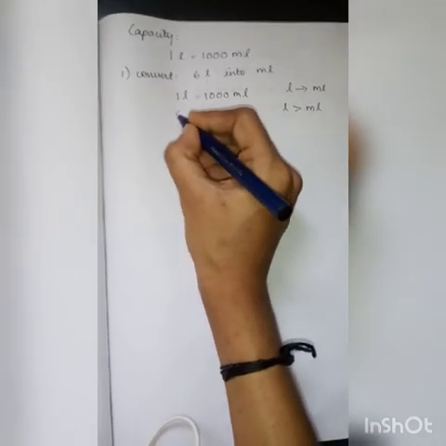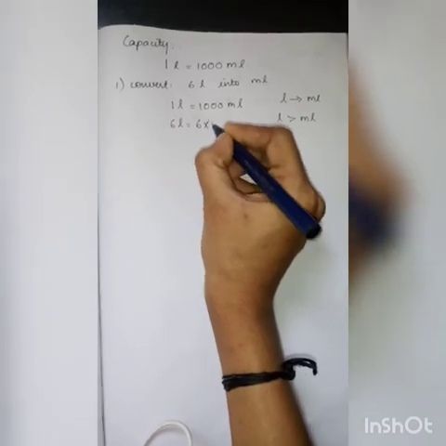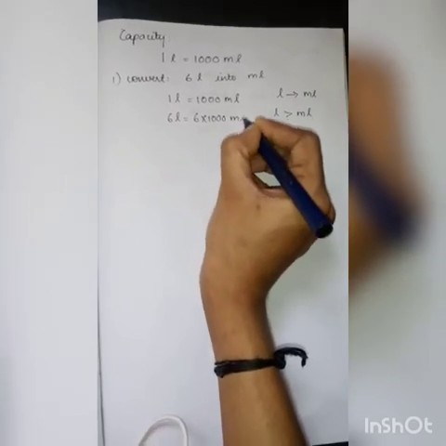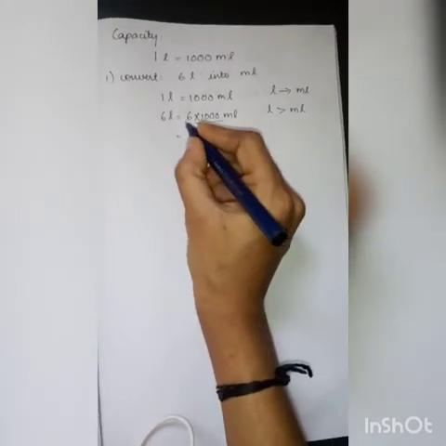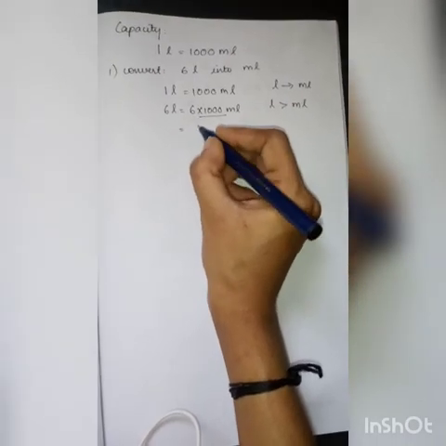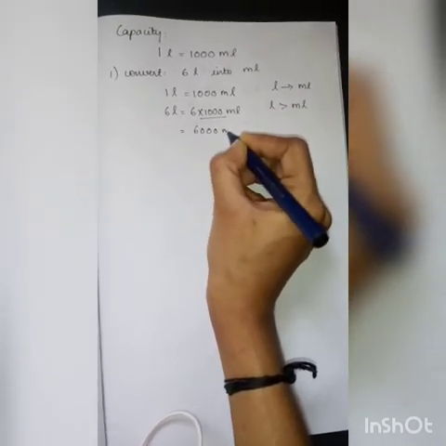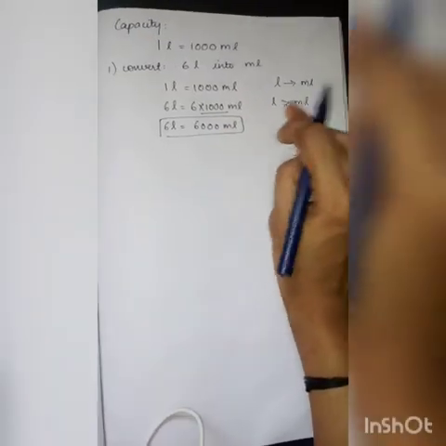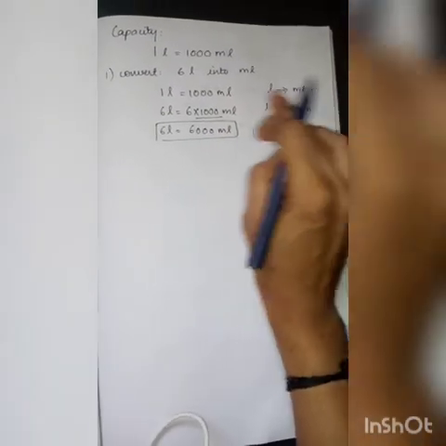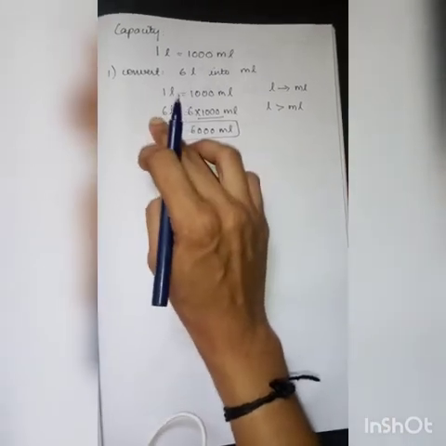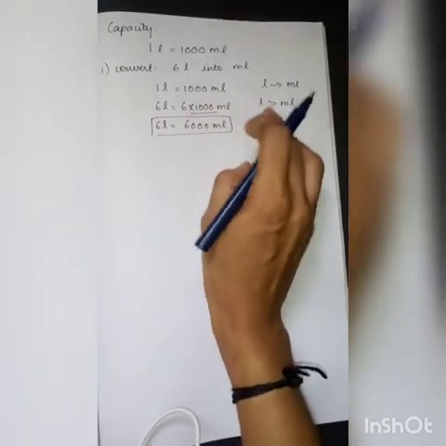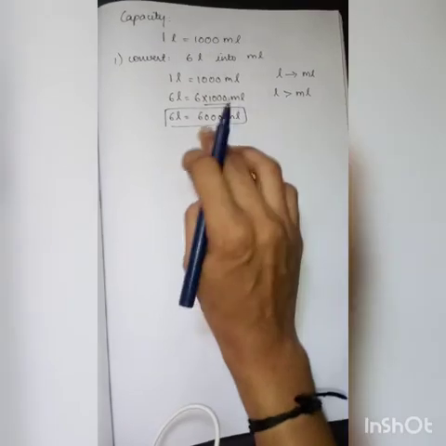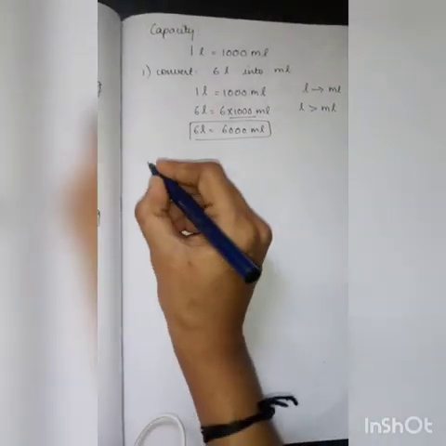Then 6 liter is equal to 6 into 1000 milliliter, because bigger to smaller means multiplication, so 6000 milliliter. Understood? Here we are dealing with bigger to smaller conversion, so you multiply by 1000. 6 liter is equal to 6 into 1000 milliliter, so 6000 milliliter.